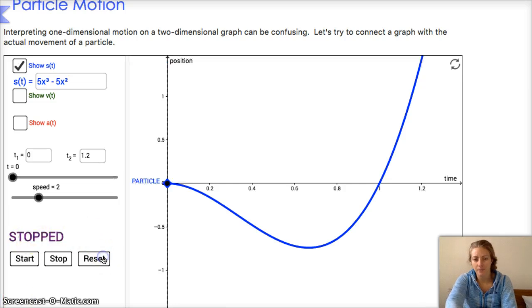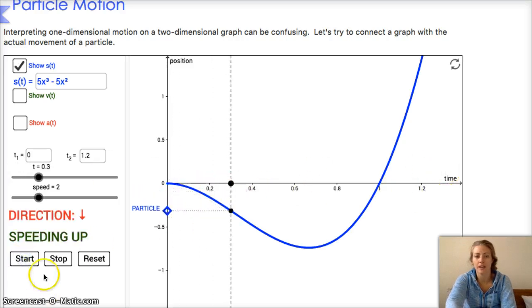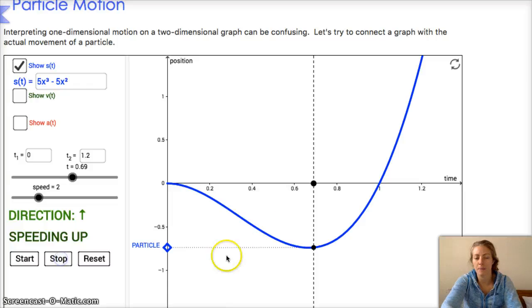And at the same time, you also see that there's an x and y value as time goes on. So here, if I stop, a time is about 0.7, then my particle's position is at negative 0.75 or whatever it is.